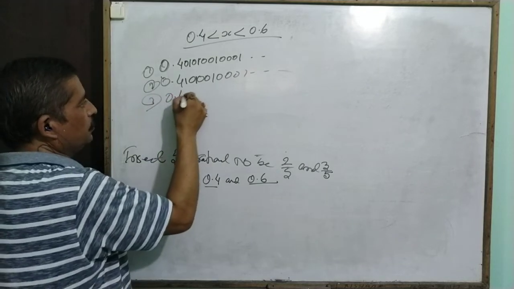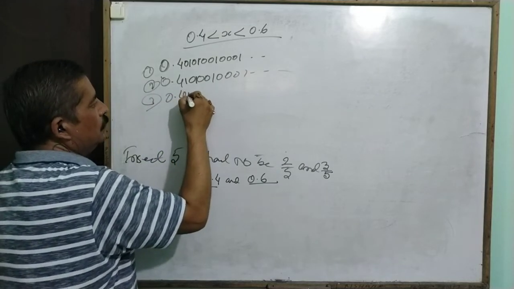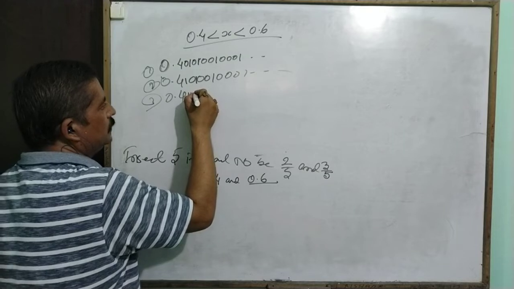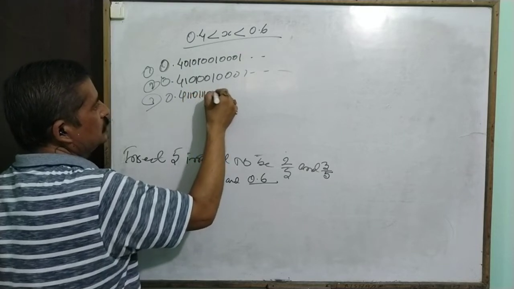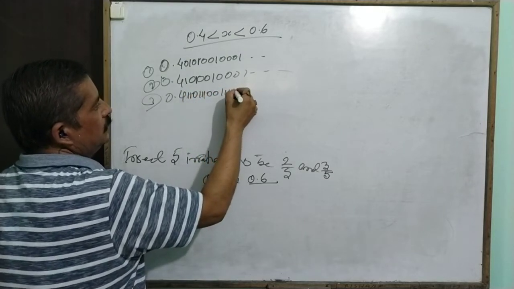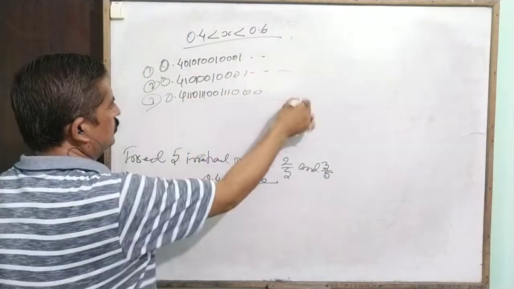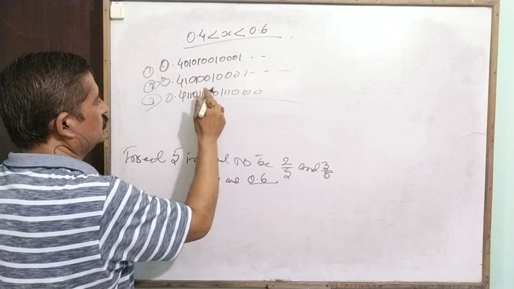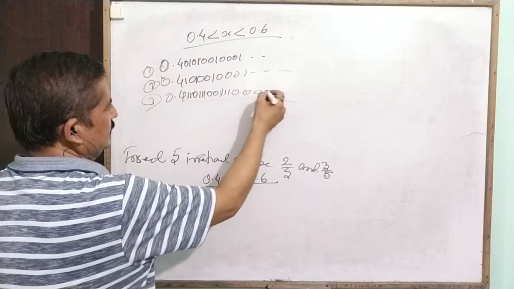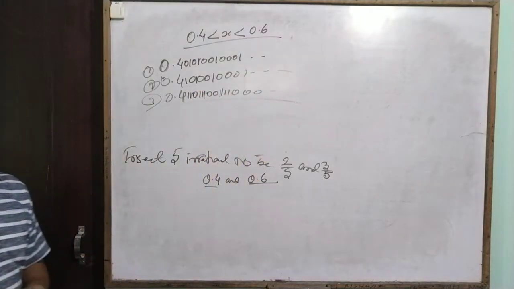Third way 0.4 1 1 0 1 1 1 0 0 1 1 1 0 0 0 and so on. यहाँ पे 2 3 यहाँ पे 4 कर दो, ऐसे करके कोई भी पैटर्न्स में आप दे सकते हो.